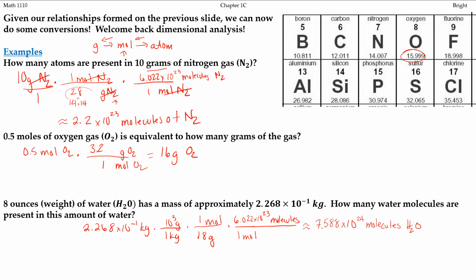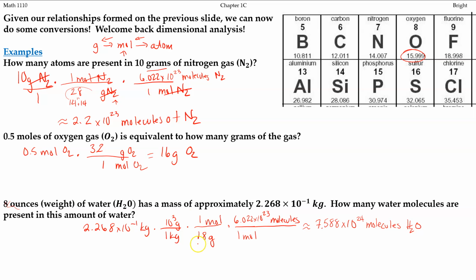And here's the solution. Notice that there was a little bit more work just because we had to convert kilograms to grams, and that 8 ounces was actually completely irrelevant. We didn't use it in the problem at all, so beware of that. So convert kilograms to grams, and then grams to moles via the atomic mass.